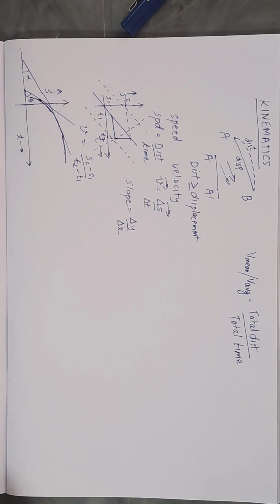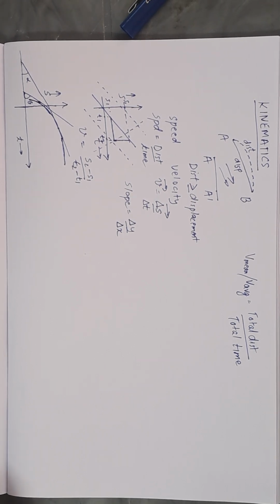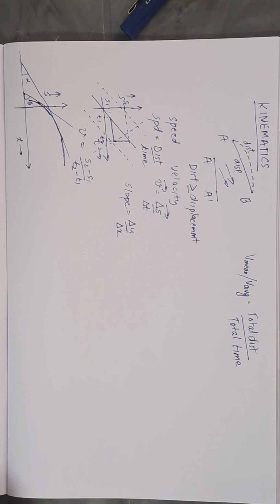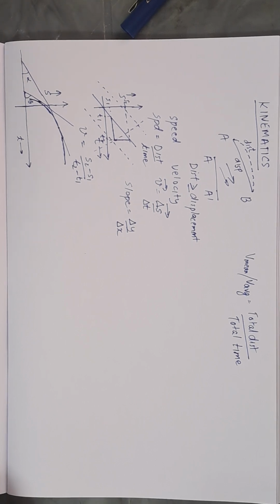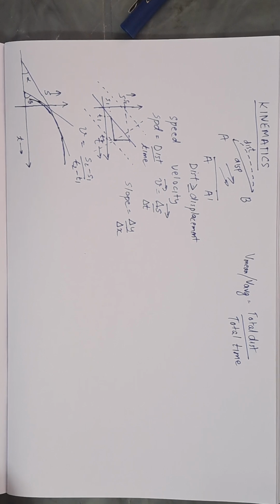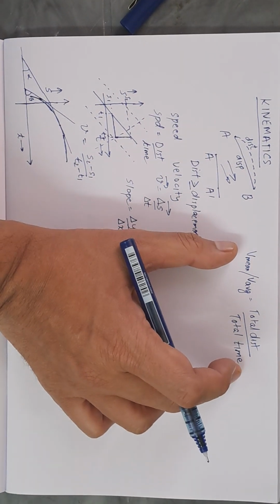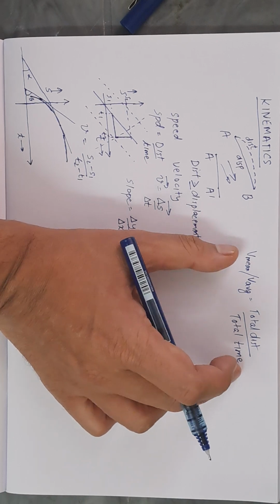So in any numerical, if you are asked to find the mean velocity or the average velocity over a certain time duration, all that you need to do is calculate the total distance traveled by the particle during that time duration and then divide that by the total time duration, and you will get the mean velocity during that time duration. This is one very important thing when you're talking about mean or average velocity.